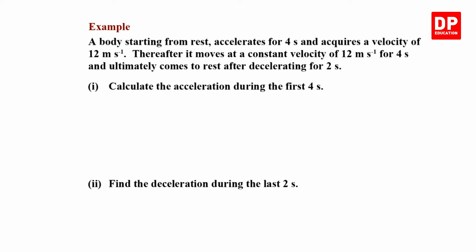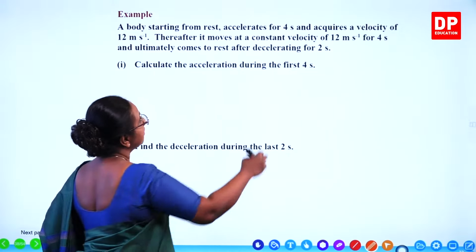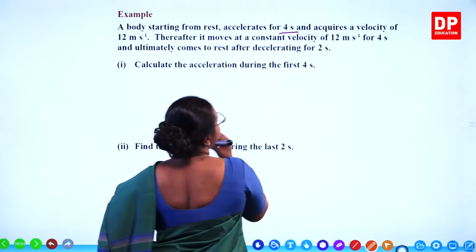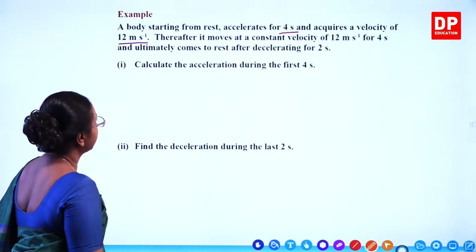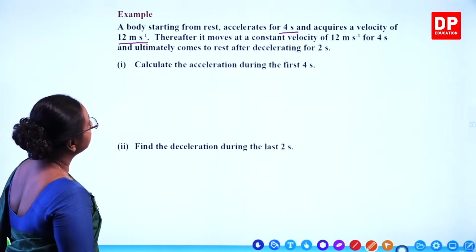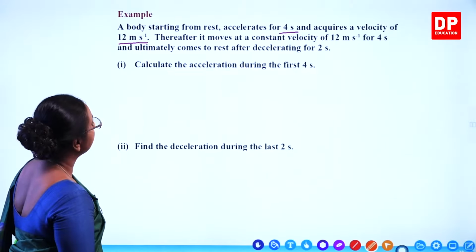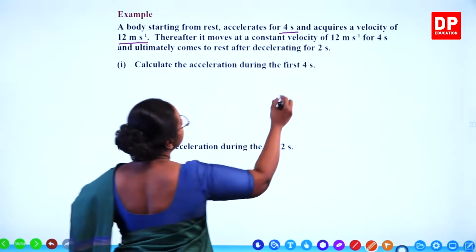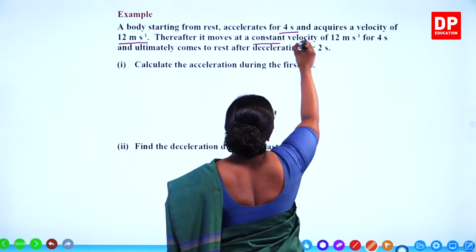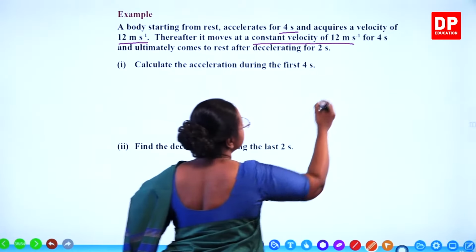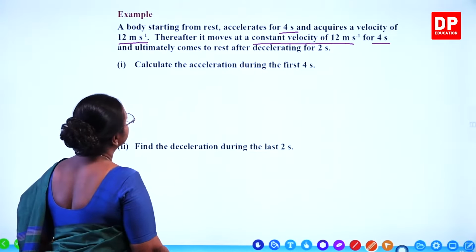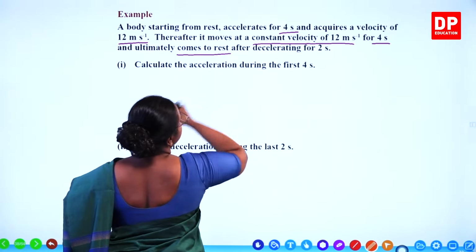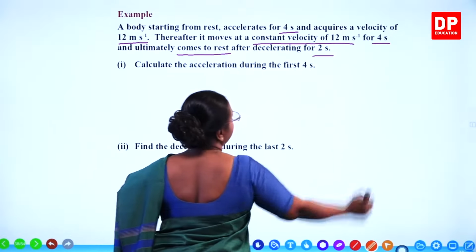Another example, a body starting from rest accelerates for 4 seconds and acquires a velocity of 12 meters per second. Thereafter, it moves at a constant velocity of 12 meters per second. So here it is constant velocity for 4 seconds and ultimately comes to rest after 2 seconds.